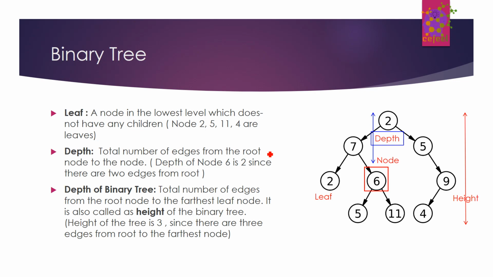Now the depth of a binary tree, or the entire binary tree, is nothing but the distance from the root to the farthest leaf, which means the leaf that is located as far as possible.